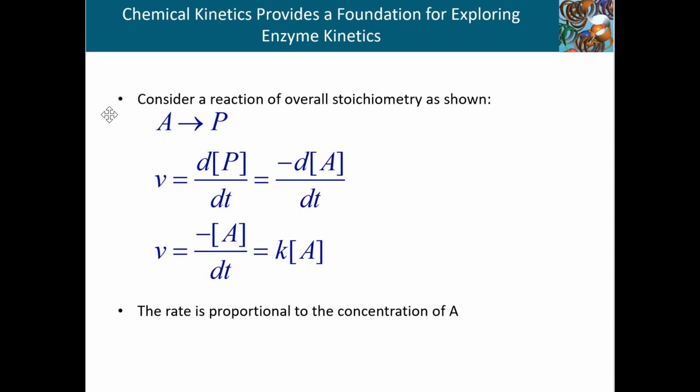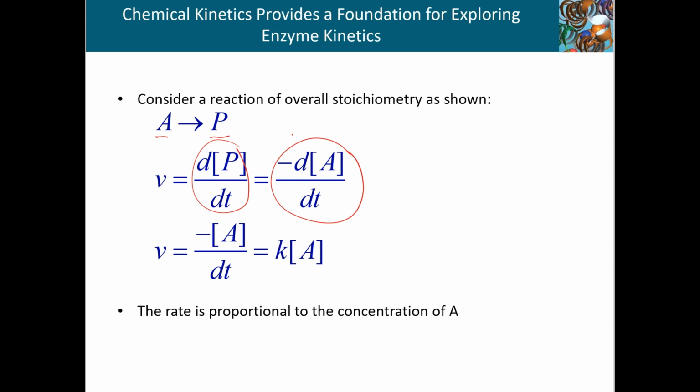In a reaction in which some reactant A is going to the product P, if you look at the rate of accumulation of P, that is our rate of reaction. You can conversely look at the rate of disappearance of A, since this is a single-step reaction.